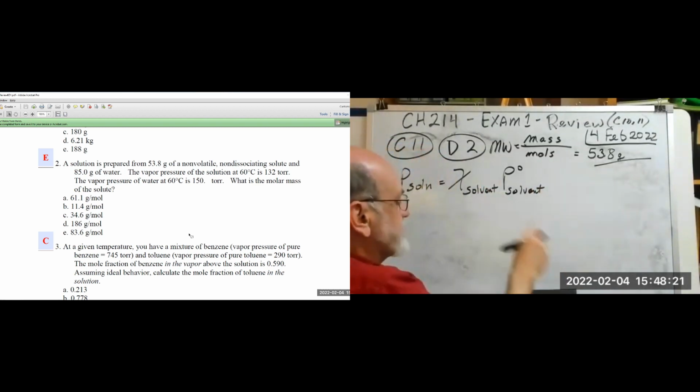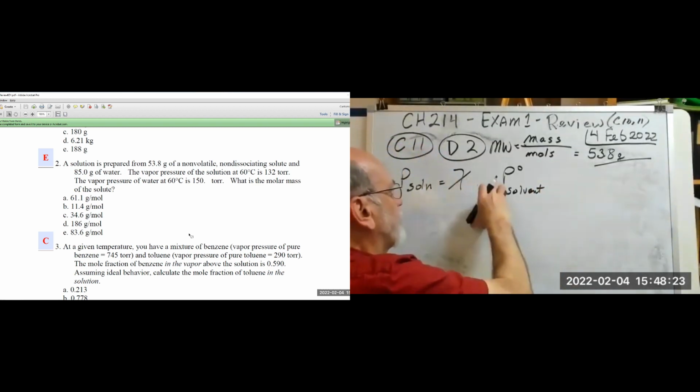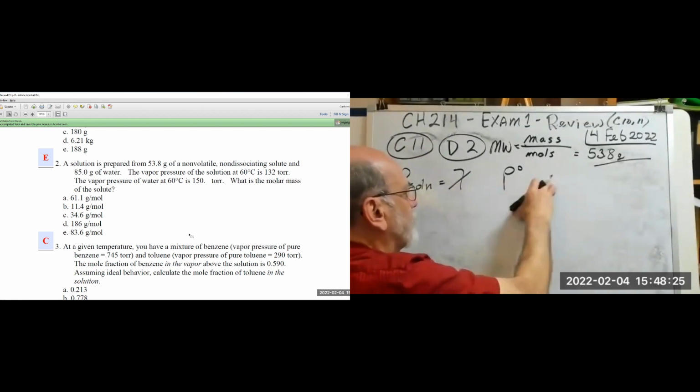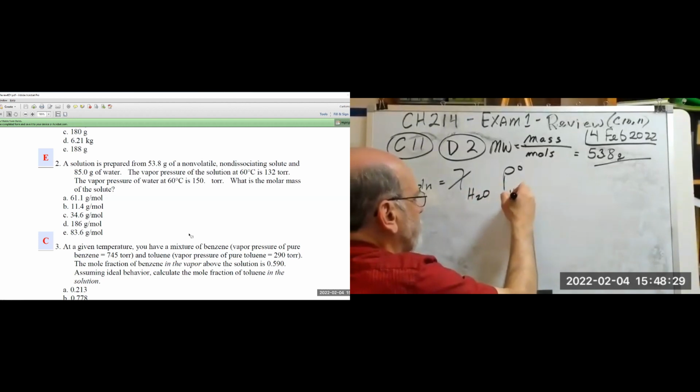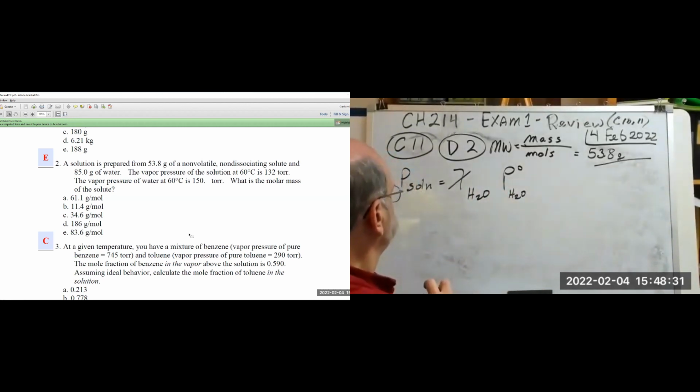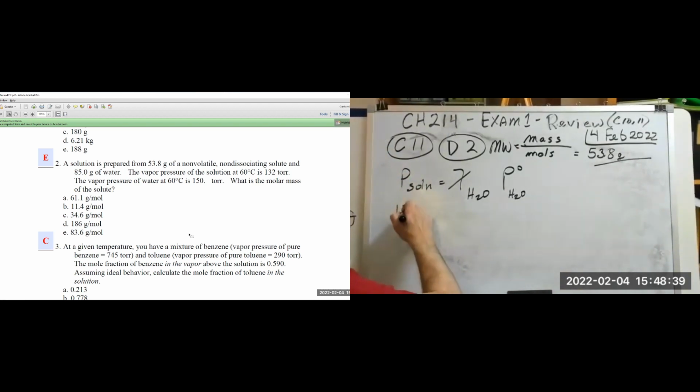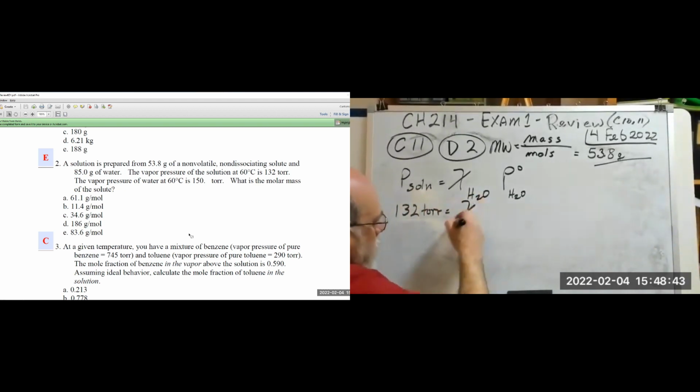In this case, that's water. We know the vapor pressure of the solution, 132 torr. That's what we don't know, the mole fraction.